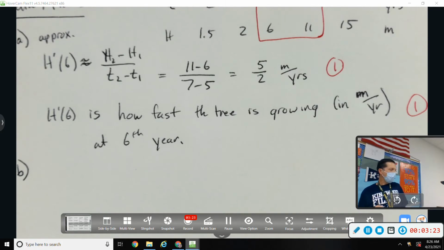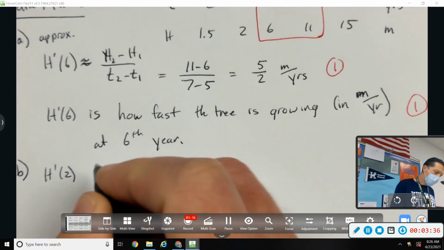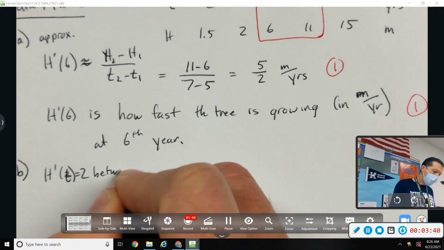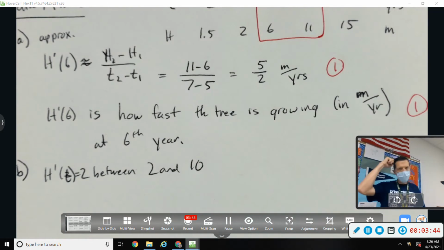Part B, explain why there must be at least one time between 2 and 10 such that h prime equals 2. H prime equals 2 between 2 and 10. Somehow.